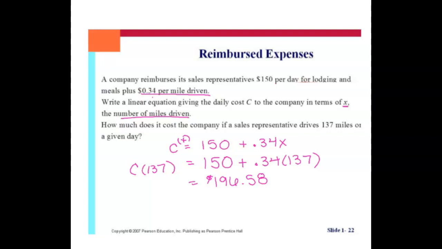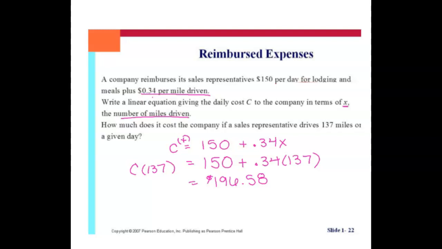All right, so a lot of what we're going to do in here is word problems. So it says a company reimburses sales representatives for their time in travel. They're given 34 cents per mile and $150 per day. So write a linear equation to represent cost in terms of x.